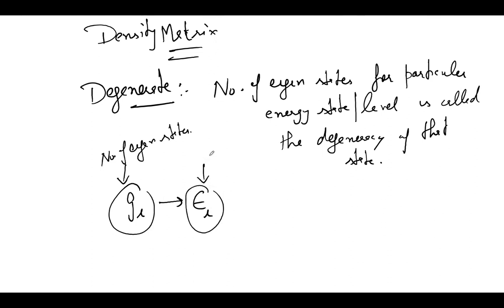So for the non-degenerate case, since there is only one eigenvalue, Gi is equal to 1.